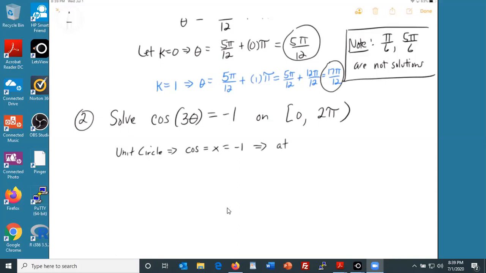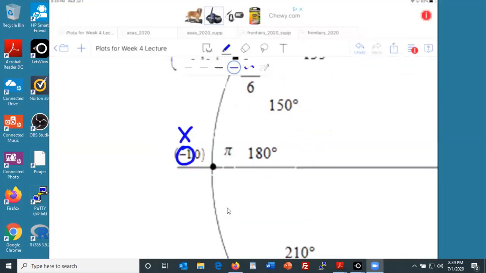And that would be at, let's take a trip to the unit circle. Oh, there it is, right there. The one that we marked before that was not a solution. The x value is -1 at that angle of pi radians, or 180 degrees. But again, we're going to use radians, so pi would be the answer there.